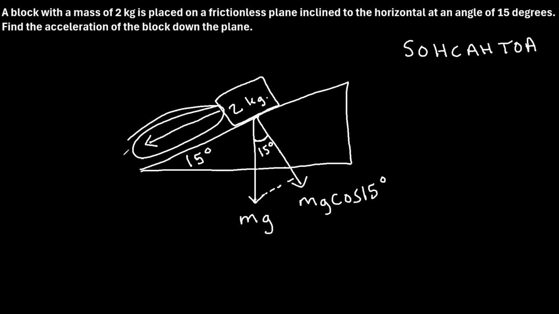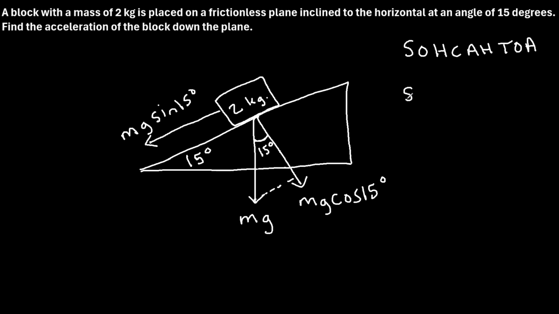Now this force, the one that is parallel to the inclined plane, the value of that is going to be m times g times the sine of 15 degrees. And why is that? Well, again, if we remember this right triangle that we formed right here, SOHCAHTOA tells us to find the sine of an angle, you take the length of the opposite side of the triangle and divide it by the hypotenuse. So in this case, the opposite side would be this side right here, let's call that x, divided by the hypotenuse, which is mg.